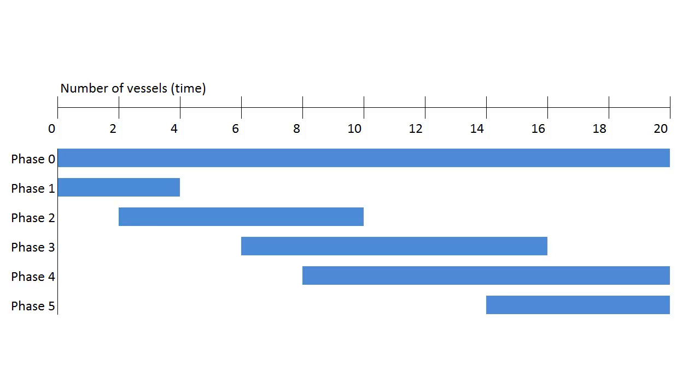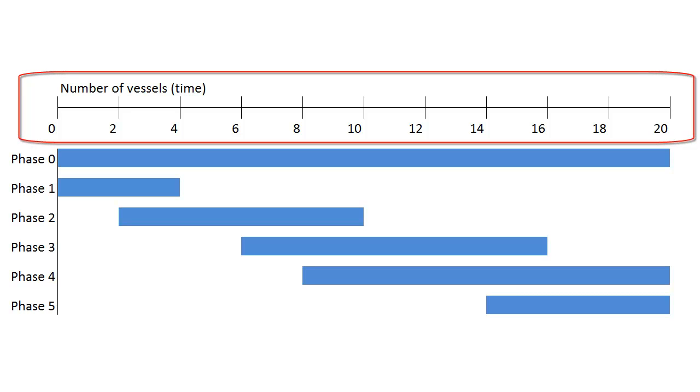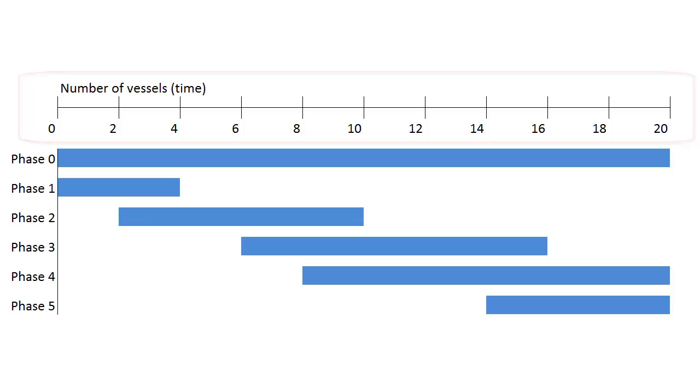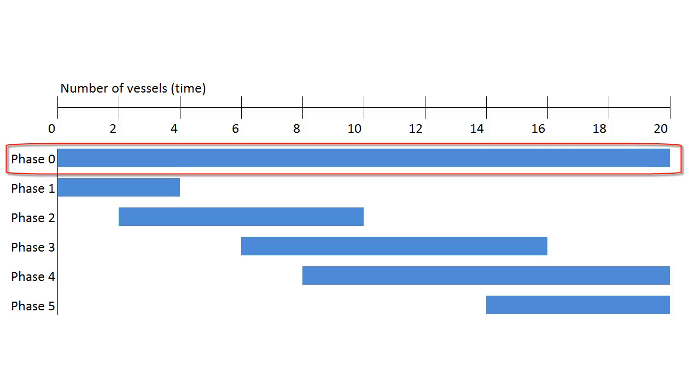So what we do is that we imagine that we have a timeline representing the number of vessels going from 0 to 20, and then we can imagine having an initial phase, or a phase 0, which defines all weight items that will belong to all 20 vessels.